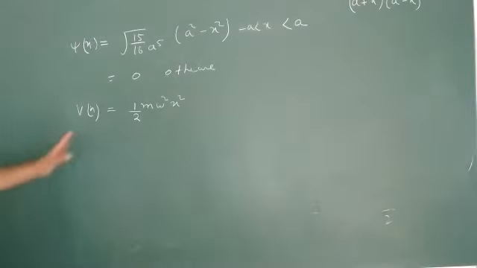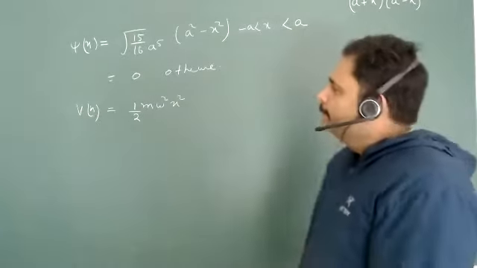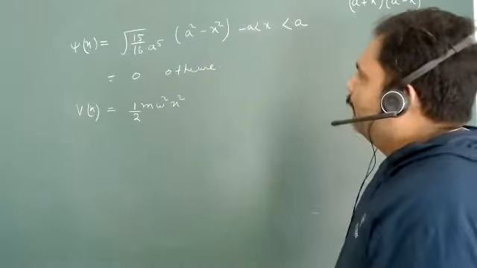Okay. So we have to just calculate what will be the energy of ground state from this particular wave function. Okay. So we know what will be my kinetic energy part. What is the parameter here, by the way? A. A is your parameter.